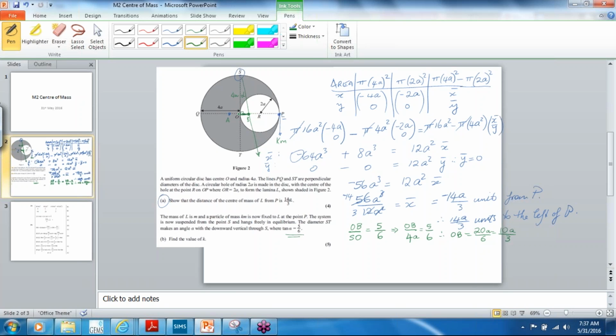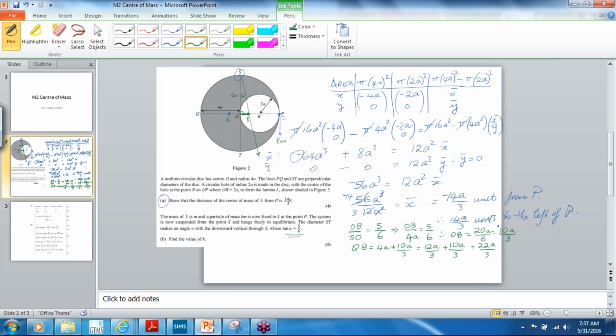And the distance from, say, Q to B is 4A plus 10A over 3. So that's 12A over 3 plus 10A over 3 equals 22A over 3.